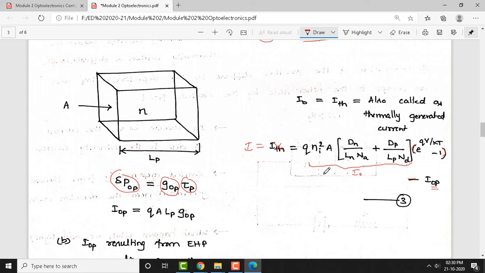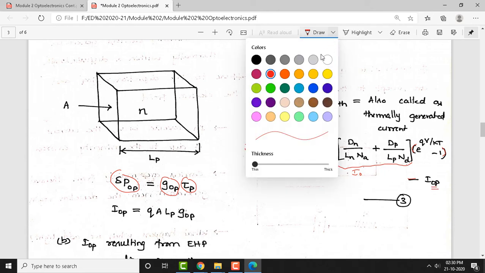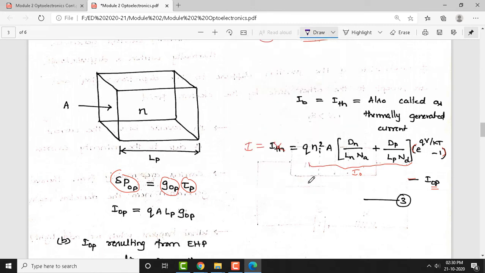So, this entire equation is the diode current equation; let me underline it in blue. This is the diode current equation, and this is the optical current here.